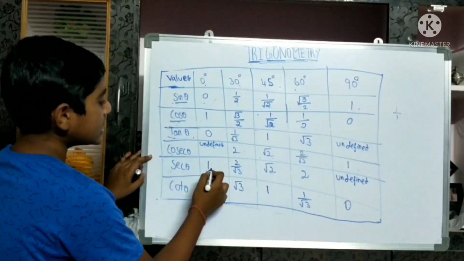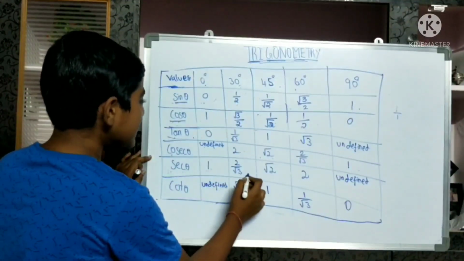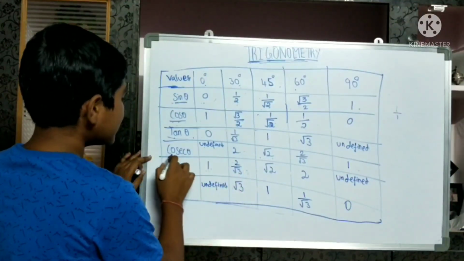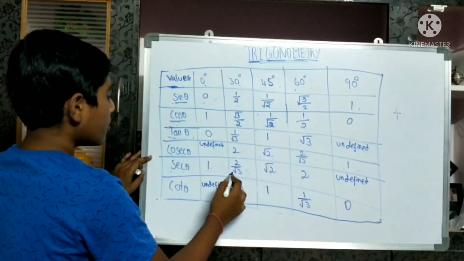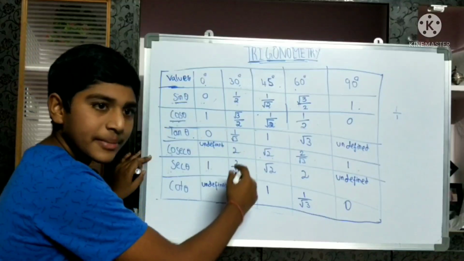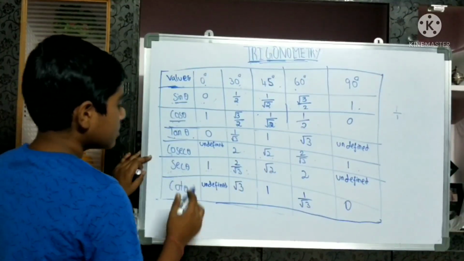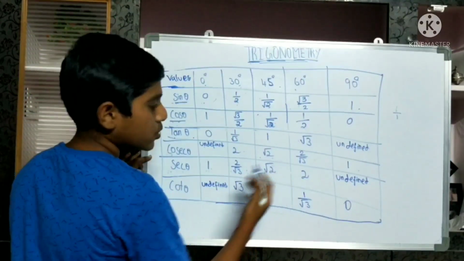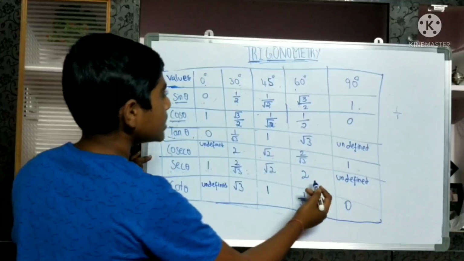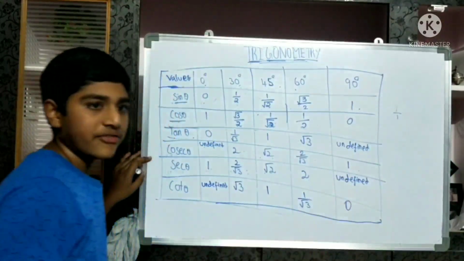Therefore secant 0 degrees is 1, and secant 30 degrees is cosecant 60 degrees, 2 by root 3. Therefore secant 30 degrees will be 2 by root 3. The same follows here. Therefore secant 45 degrees will be root 2, secant 60 degrees is 2, and secant 90 degrees is undefined.